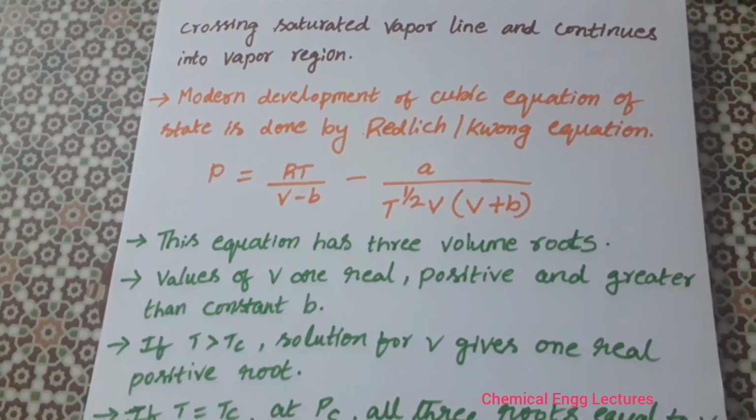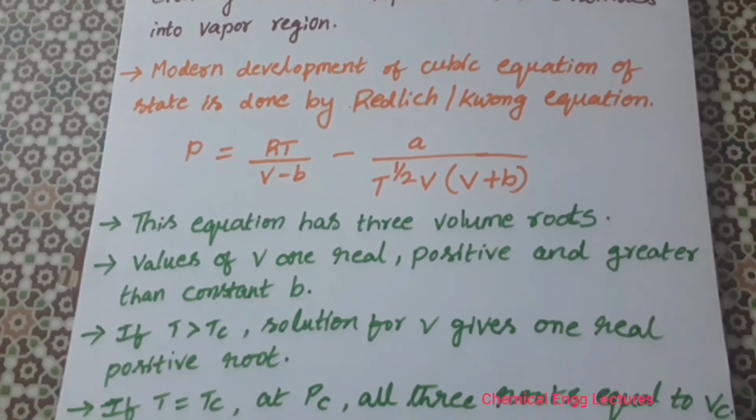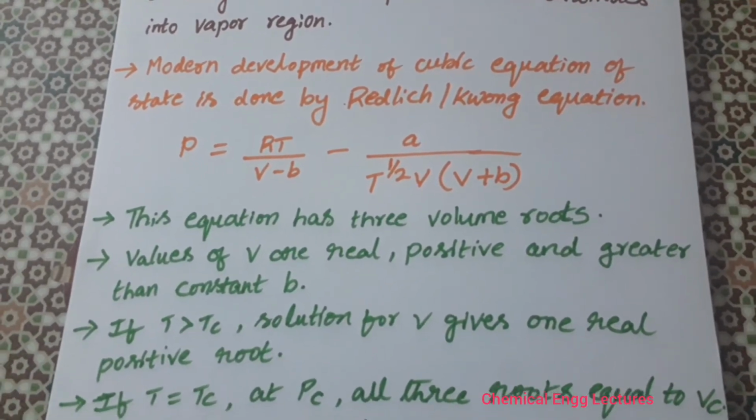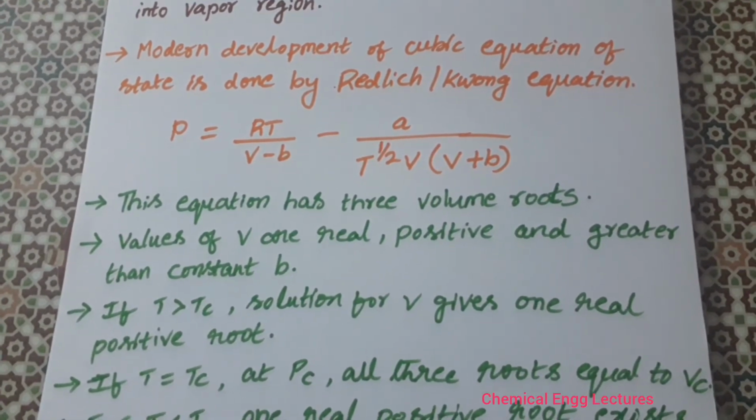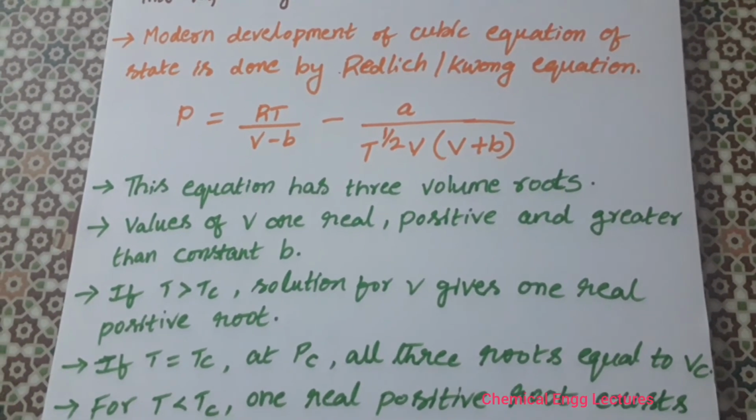The next thing is another equation, the modern development of the cubic equation of state. It was done by Redlich-Kwong, so the equation is known as the Redlich-Kwong equation.